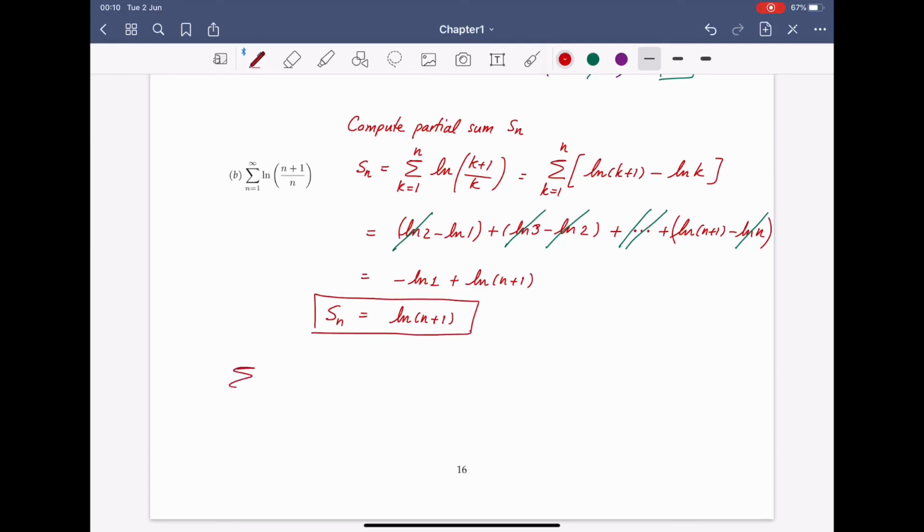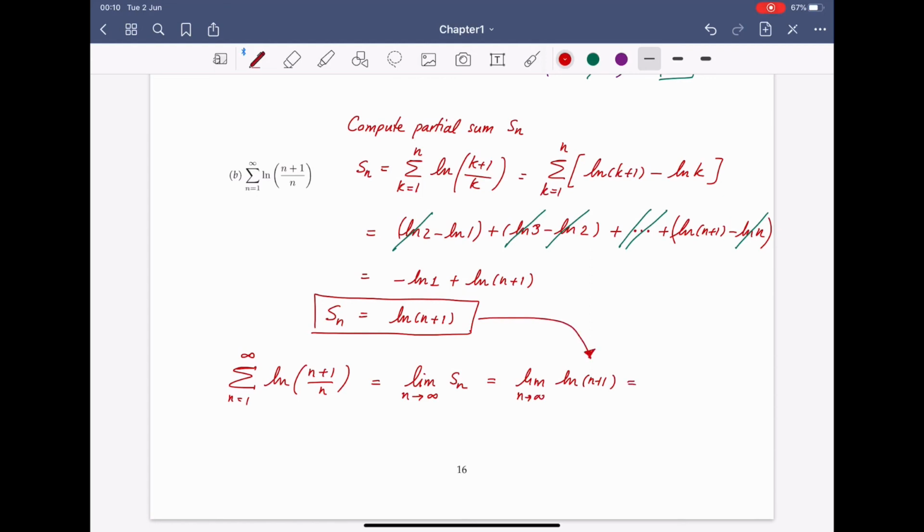And then when you compute the series, the summation of log of n plus 1 over n from 1 to infinity, this is going to be the limit of the partial sum, right? That is the limit of Sn, and this is the limit of log of n plus 1, because you just use what you computed before.